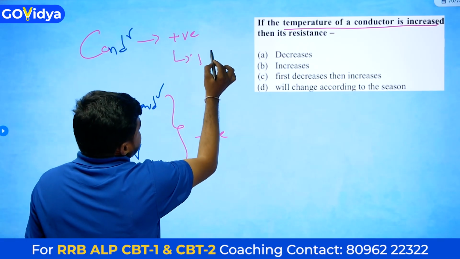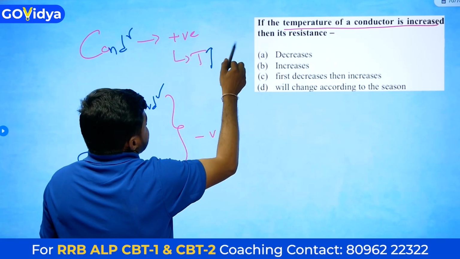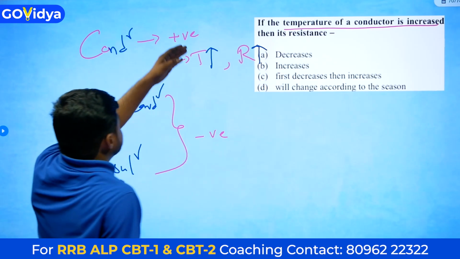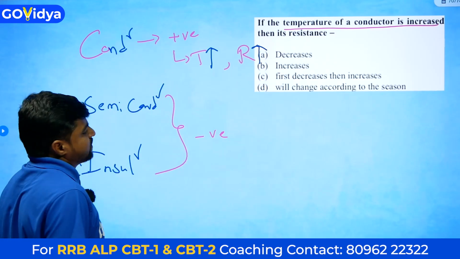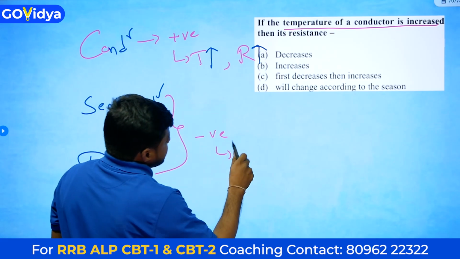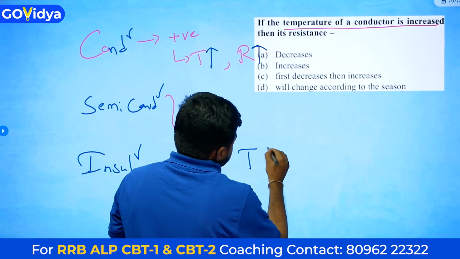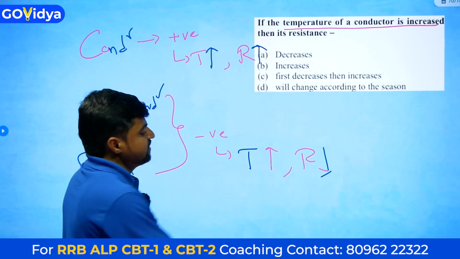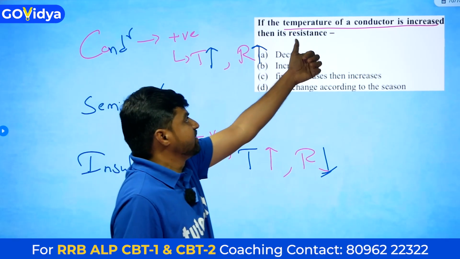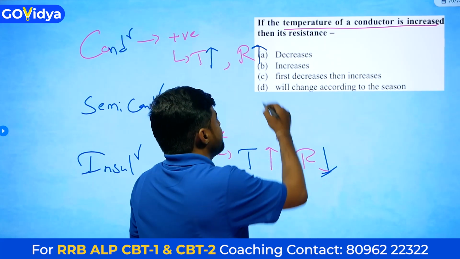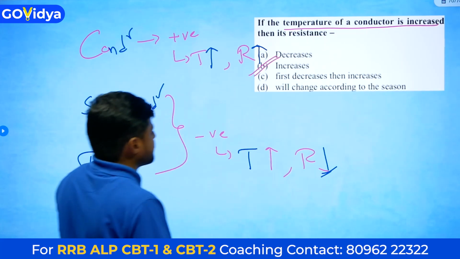When temperature increases in a conductor, resistance also increases because conductors are positive temperature coefficient. In the others, when temperature increases, resistance decreases. In the question they are asking about conductor, so resistance increases. Option B is the correct answer.